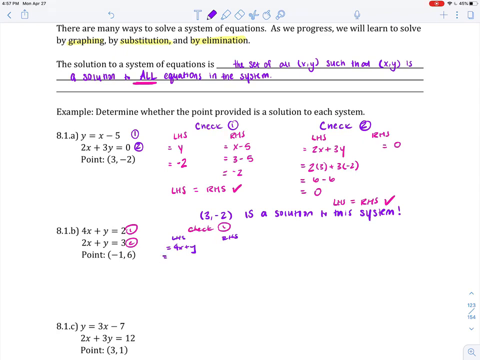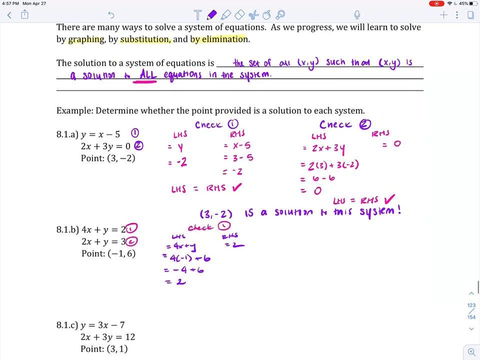My left-hand side is 4x plus y, but x is -1 and y is 6. My right-hand side is 2.